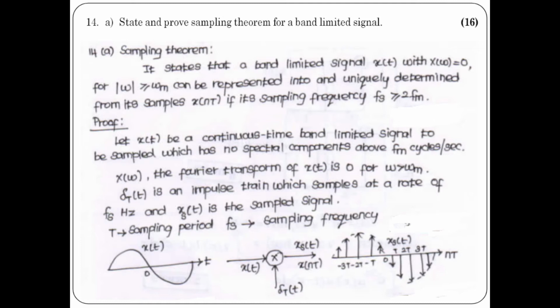It is also called low pass sampling theorem because it applies to low pass signals, that is signals for which X(f) is equal to 0 for all frequencies such that modulus of f is greater than or equal to fm, where fm is some finite frequency.